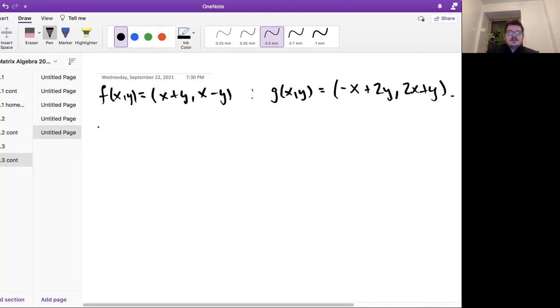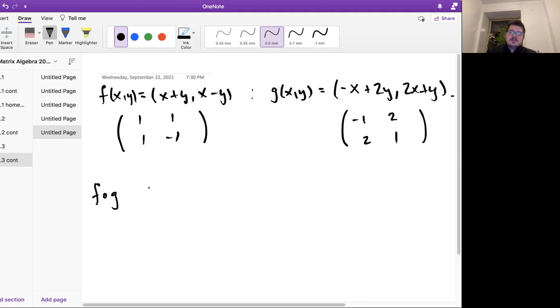Someone read out the matrix for F. It's 1, 1, and then 1, -1. What's the matrix for G? -1, 2, 2, 1.